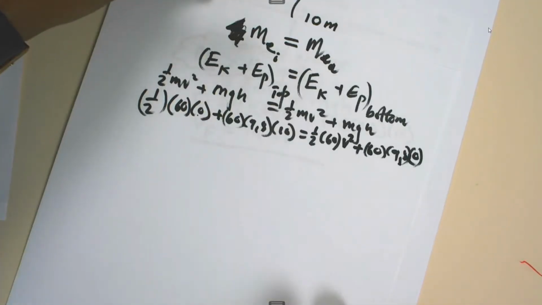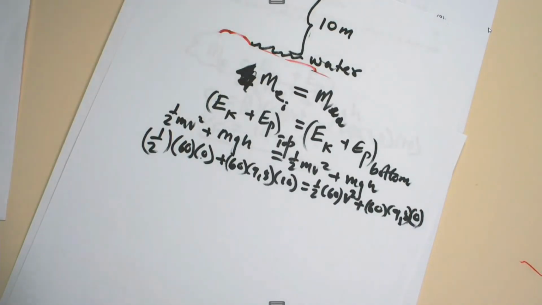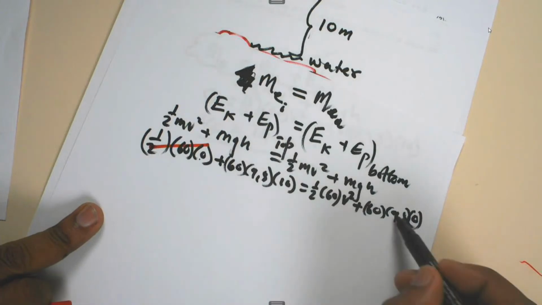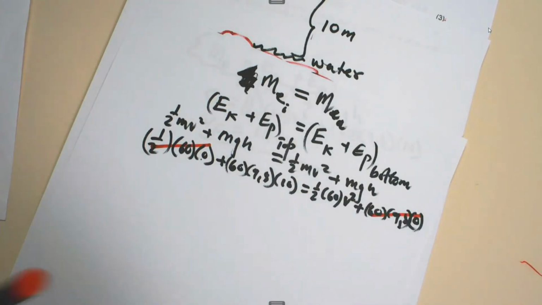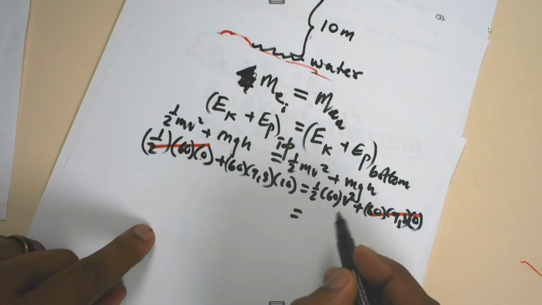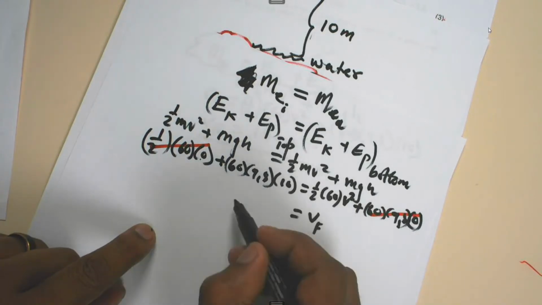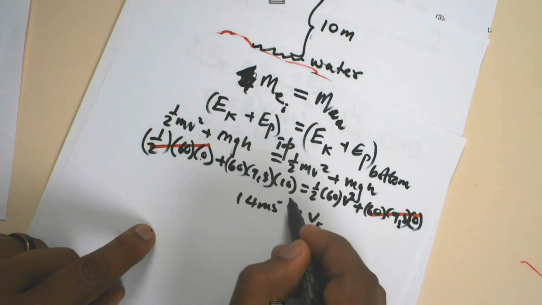And we know that everything multiplied by 0 is 0. So this will cancel and this will cancel. Then eventually you are left with everything. So VF will be something like 14 meters per second.